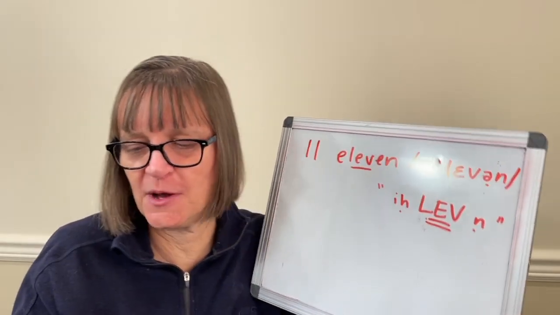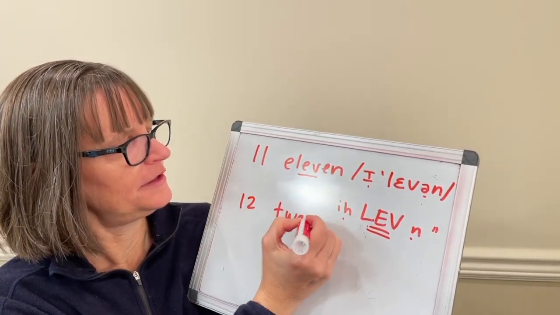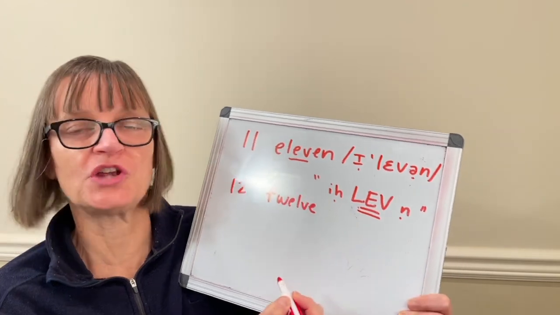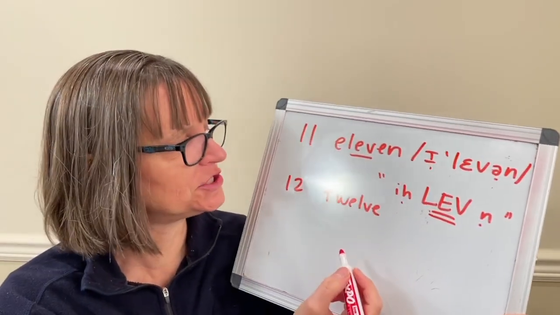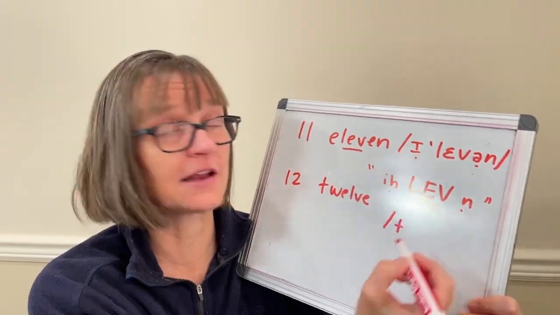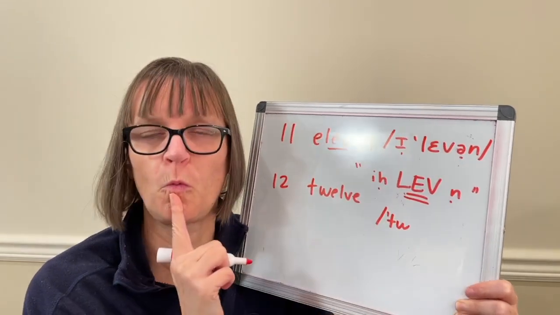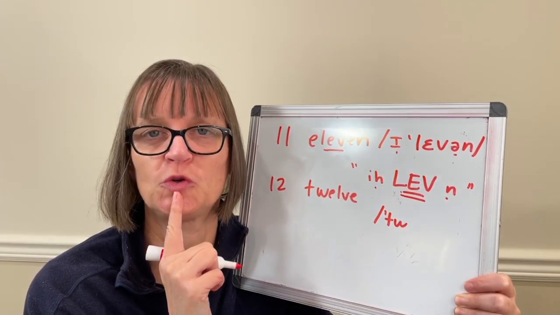Let's talk about number 12. 12 is probably, again, most challenging because of the combinations of sounds. We have only one syllable, but a lot of sounds in the group. So we have the W sound of W, 12.